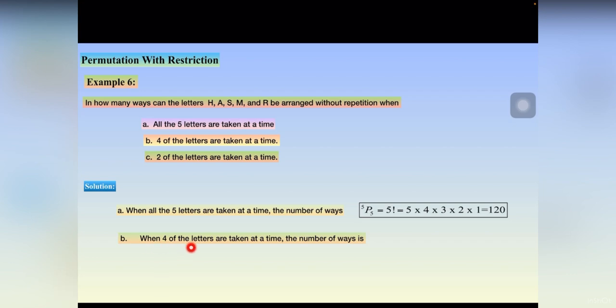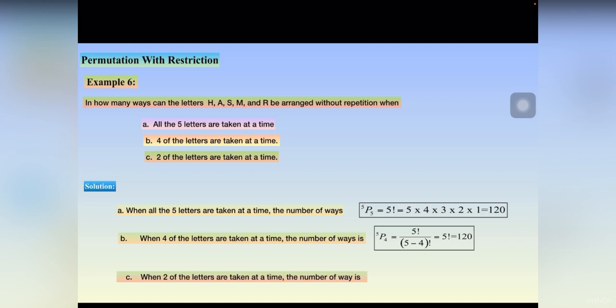B. When 4 of the letters are taken at a time, the number of ways is 5P4 equals 5 factorial over 5 minus 4 factorial equals 5 factorial equals 120.